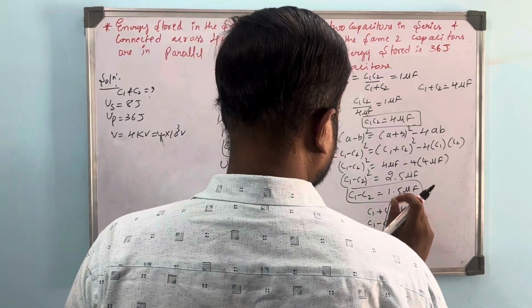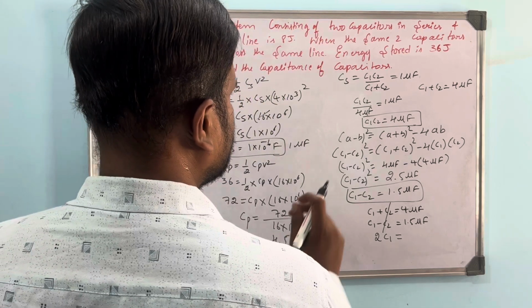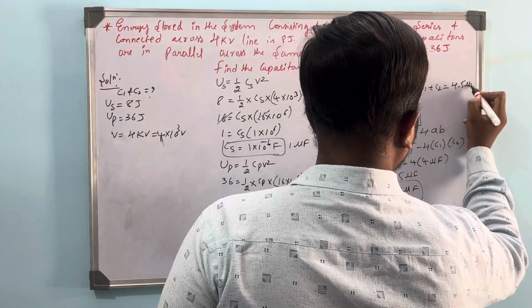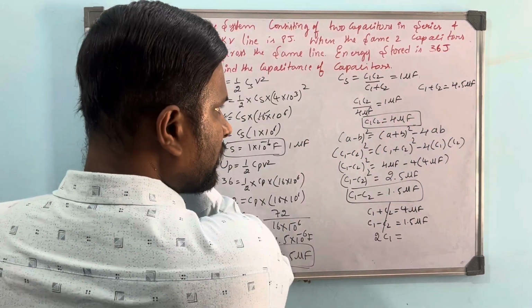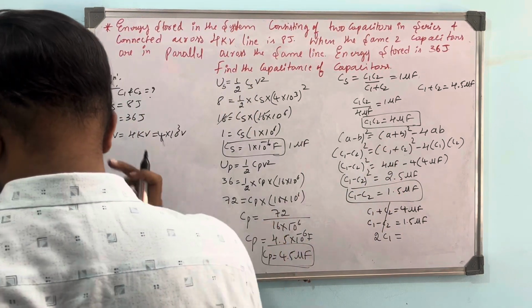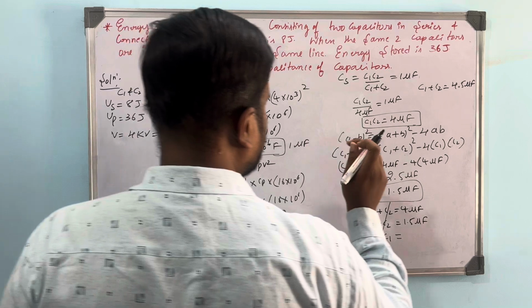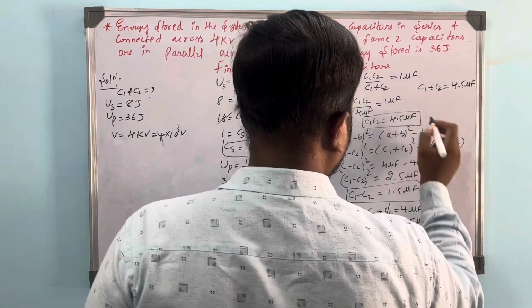Sorry, this one is C1 plus C2, and CP is 4.5 microfarad, and C1 plus C2 is also 4.5 microfarad.